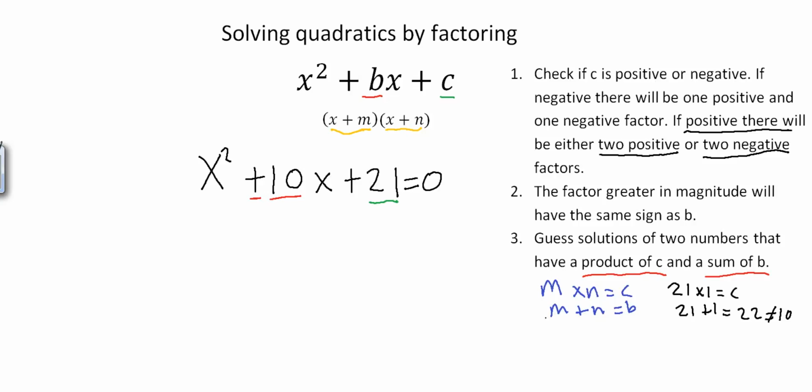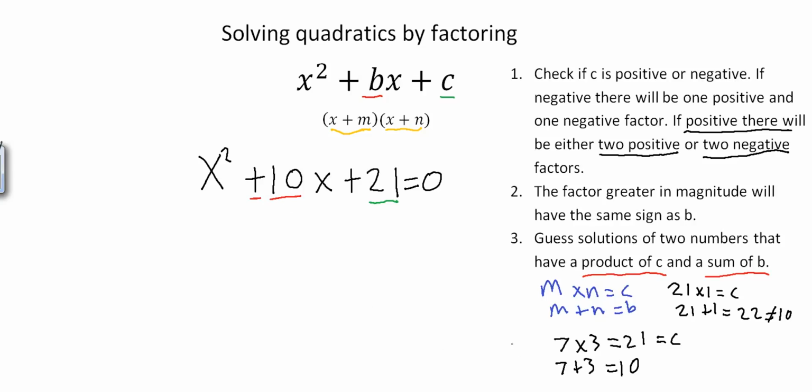Let's try some other numbers that multiply to 21. We'll try 7 times 3. 7 times 3 equals 21, which equals our term c, and 7 plus 3 equals 10, which is our b term.